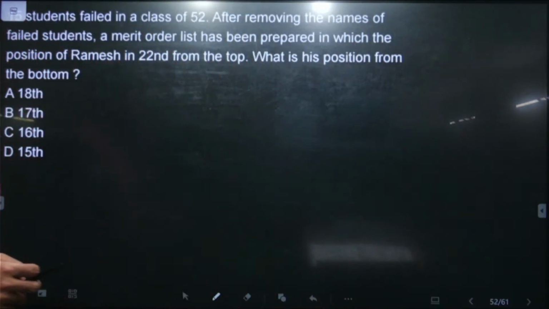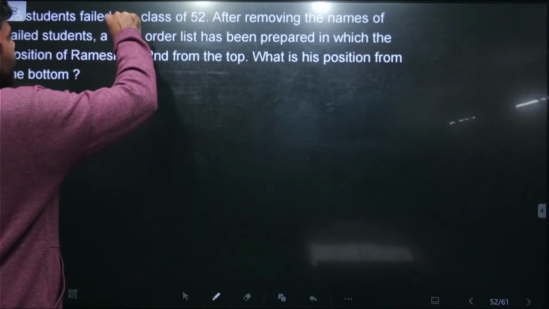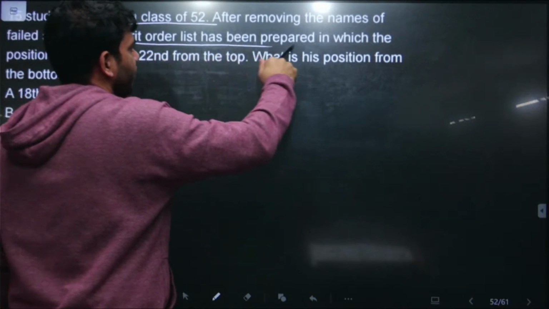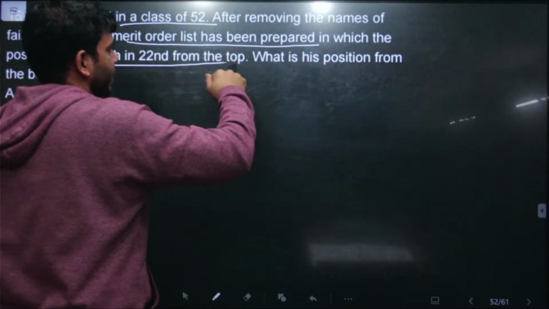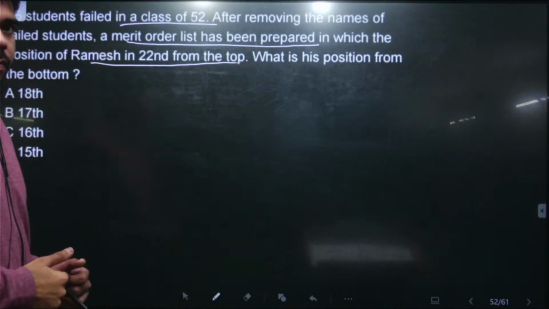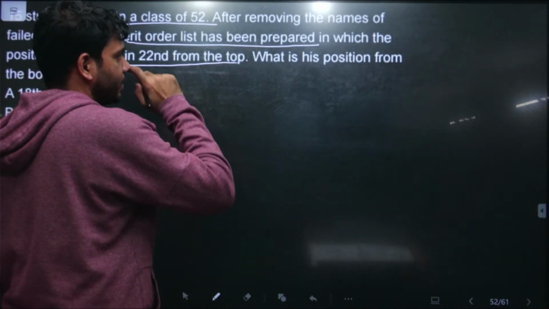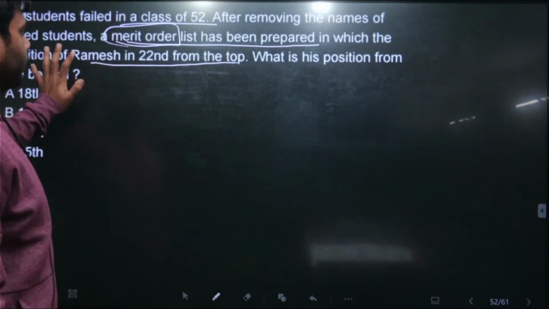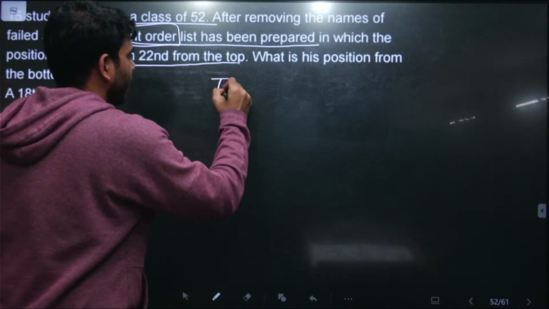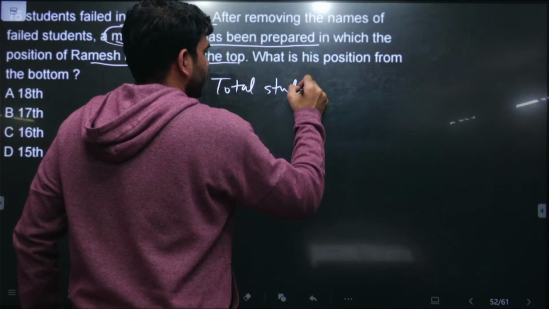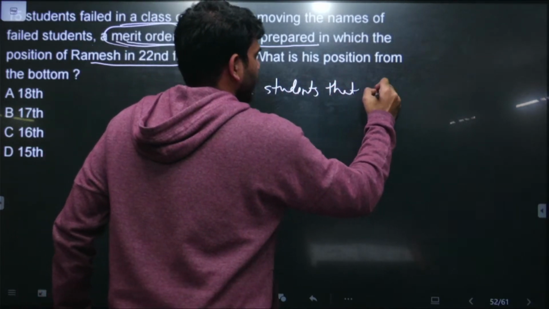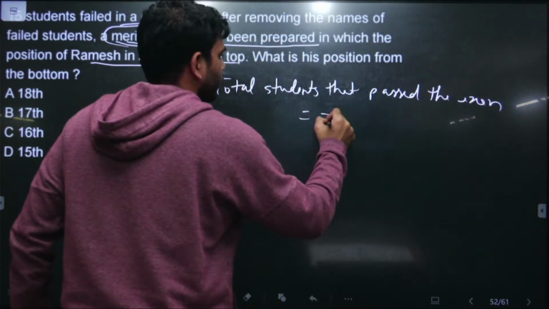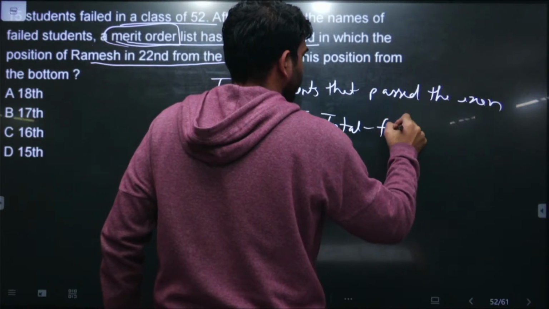The next question. This question is saying 15 students failed in a class of 52. After removing the names of the failed students, a merit list has been prepared in which the position of Ramesh is 22nd from the top. What is the position from the bottom? तो पहले तो ये निकाल रहे थे कि how many students passed the examination, because the merit, इसमें मेरिट बोला गया ना, so the merit order that is made has been prepared for the passed students. So total students that passed the exam is total minus failed students.